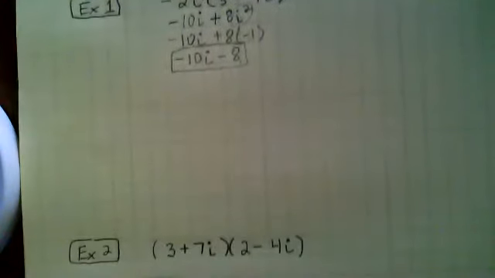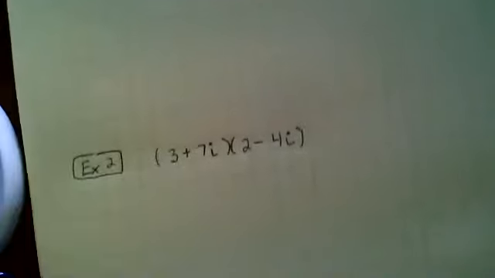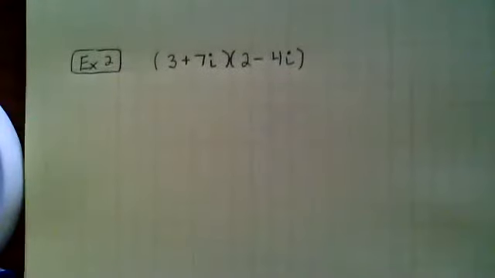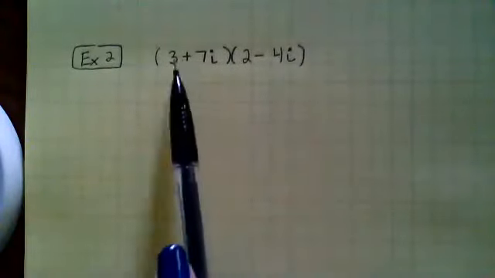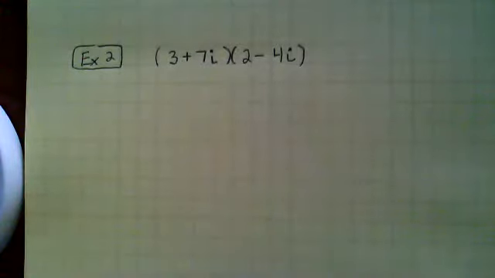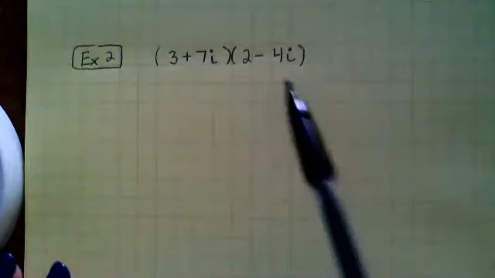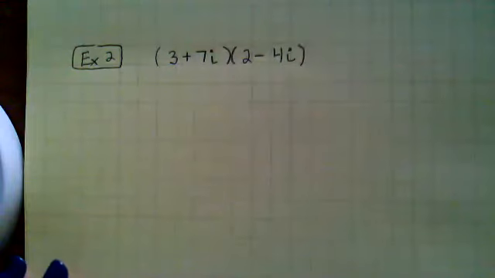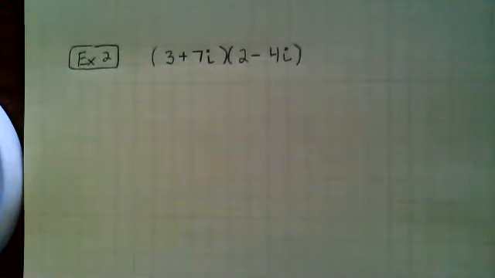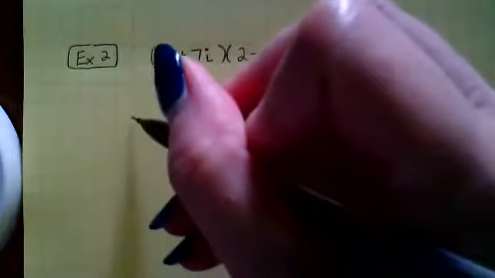If we increase the challenge a little bit down here in example 2, notice we have 2 binomials, or 2 complex numbers, that we're multiplying. So we can do the distribution property again, with a double distribution, or we can use the box method if you remember it from before. I'll start out with the box method.